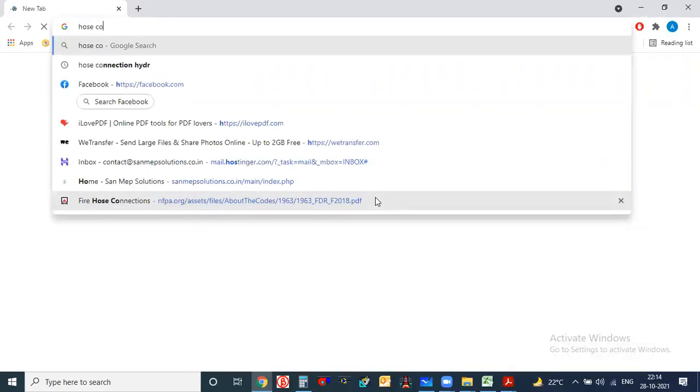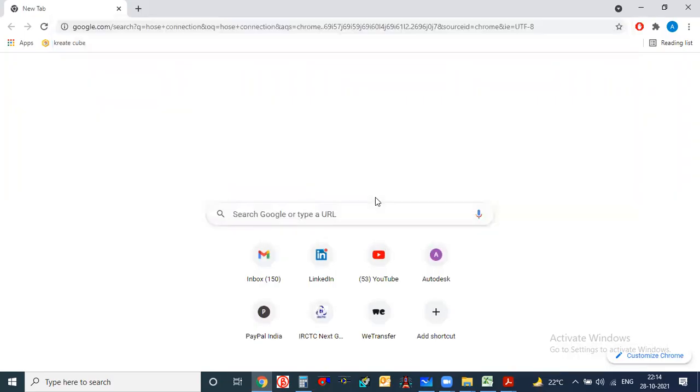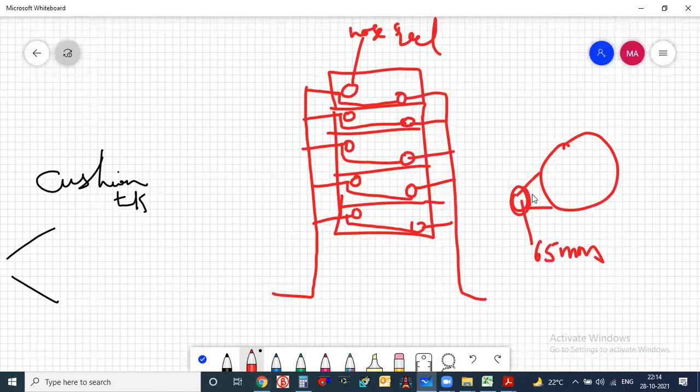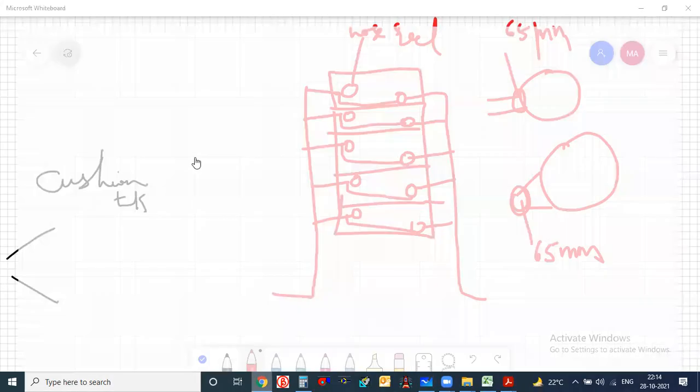Hose connections will come in two sizes only, either 40 mm or 65 mm. So if I write hose connection, let us see what it will show. Whenever this hydrant system's pipe is connected here, and if the size is 65 mm, it is called a class 1 pipe.